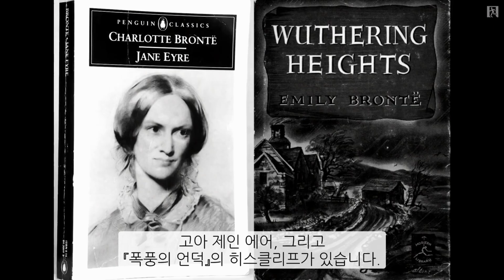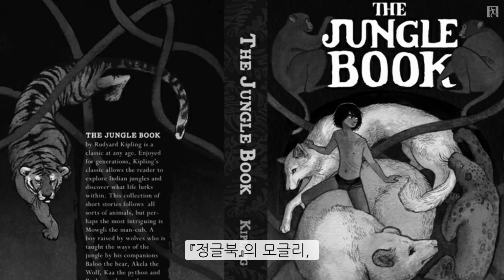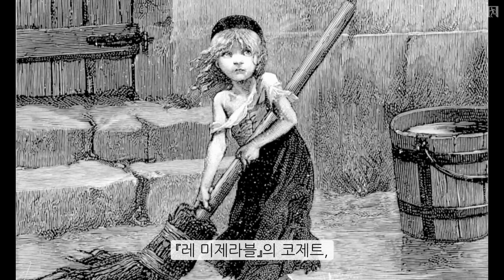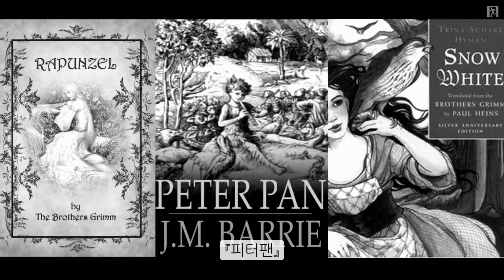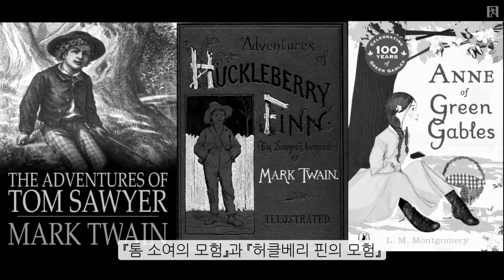We have little orphan Jane Eyre and Heathcliff from Wuthering Heights. We have Mowgli from The Jungle Book, Cosette from Les Miserables. We have Heidi, Rapunzel, Peter Pan, Snow White. We have Tom Sawyer and Huckleberry Finn and Anne of Green Gables.